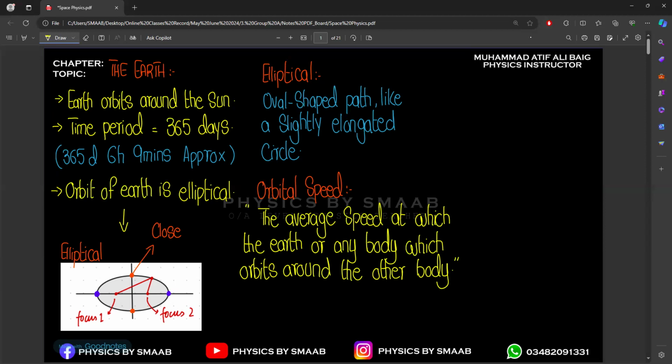With the help of gravity, the earth is orbiting around the sun. So when earth is slightly away from the sun, the gravitational field will be slightly less. And when Earth is very close to the sun, definitely the force of gravity of the sun on the Earth will be greater. Okay.